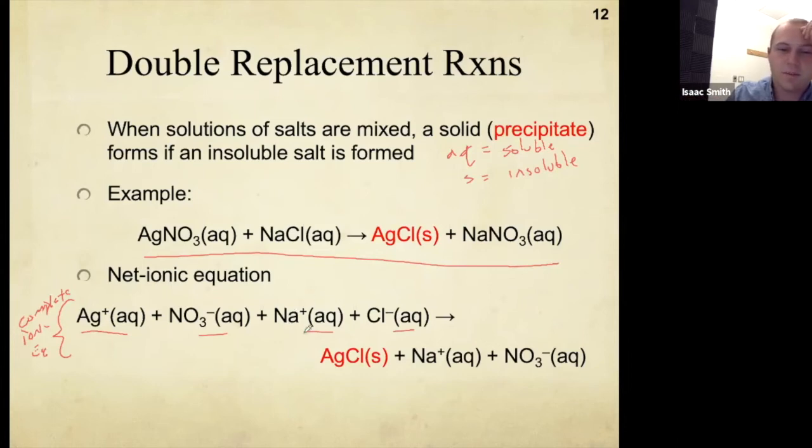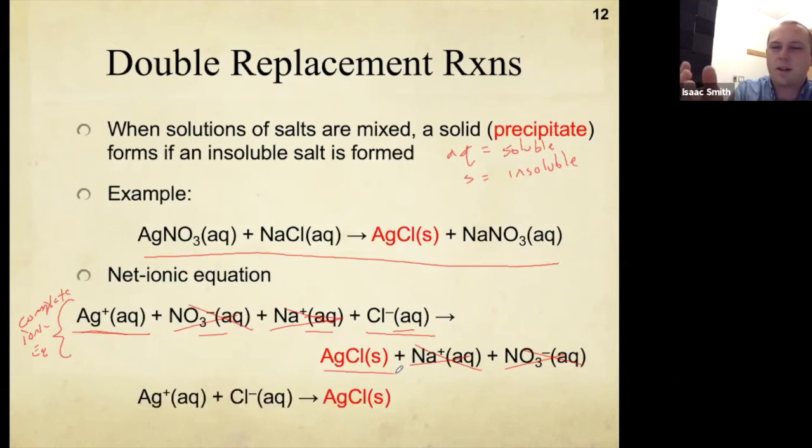Sodium is a positive cation on the left, and it's also a positive cation on the right. So sodium really didn't do anything in this reaction. Nitrate is an anion on the left and an anion on the right. It didn't really do anything. All we really have is silver coming together with chloride to form silver chloride. That's the meat of what's going on in this reaction, okay?